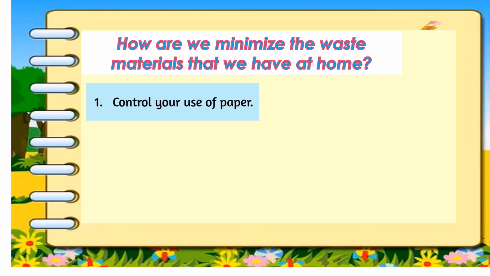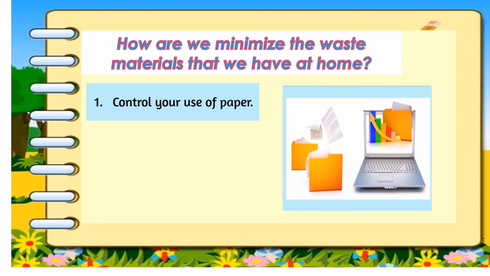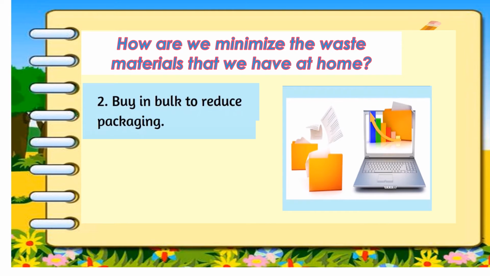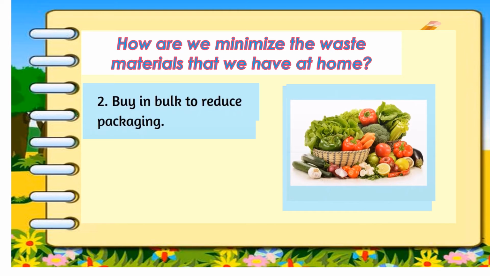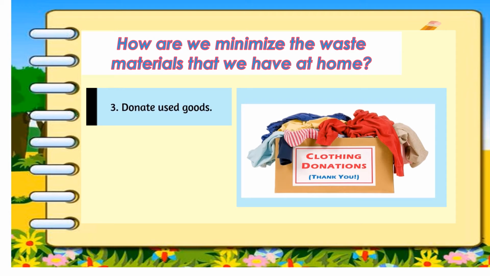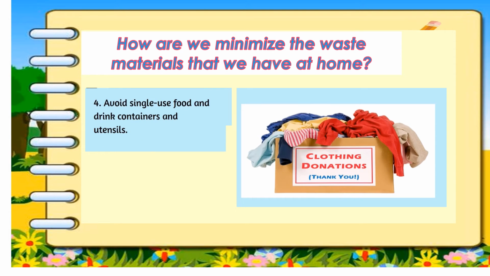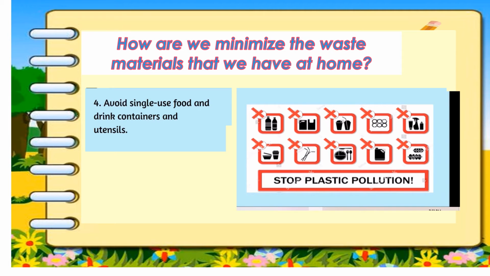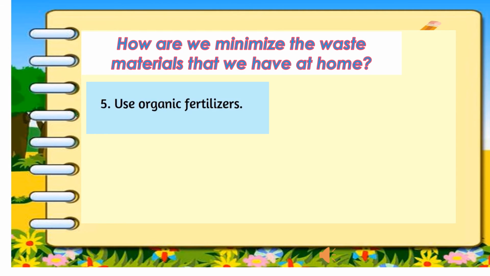Number one, control your use of paper, like this one. Number two, buy in bulk to reduce packaging. Number 3, donate used goods. 4, avoid single-use food and drink containers and utensils. 5, use organic fertilizers.